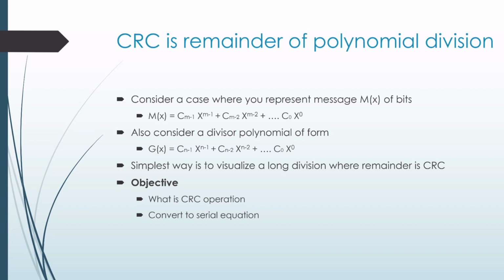There's a little bit more behind it, which I'll show you in a second. But if you were to walk away with one thing, remember that the CRC is a division operation. When you take the message and divide by the generator polynomial, what remains is the remainder, which is the CRC.